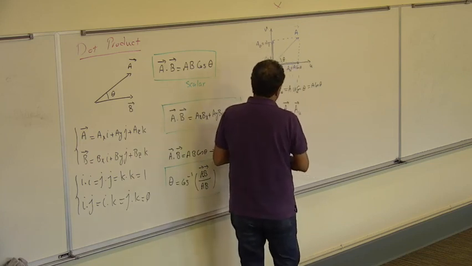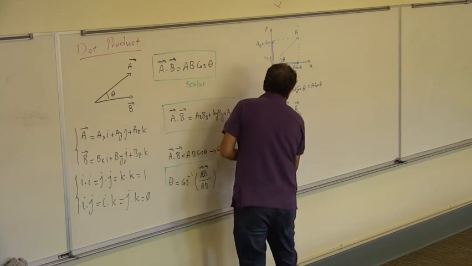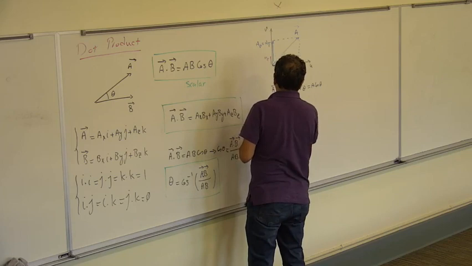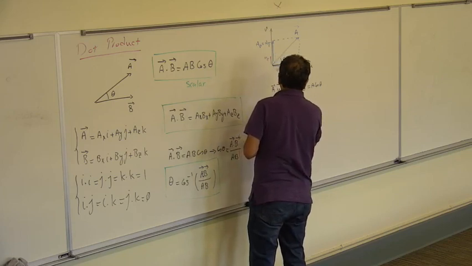Let's just write it the other way so it's easier: A dot u plus A dot v. Agree?